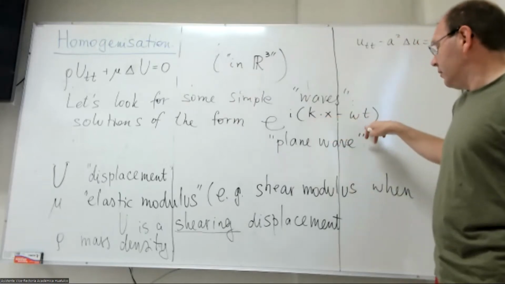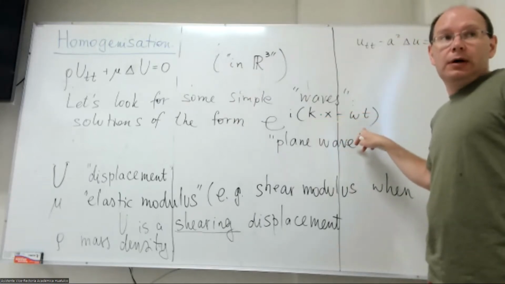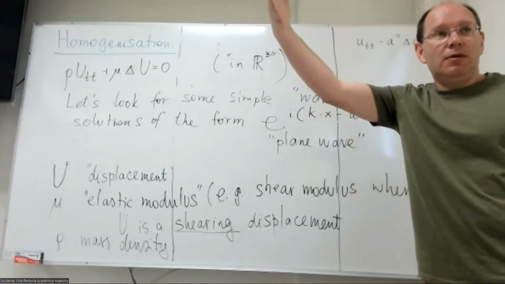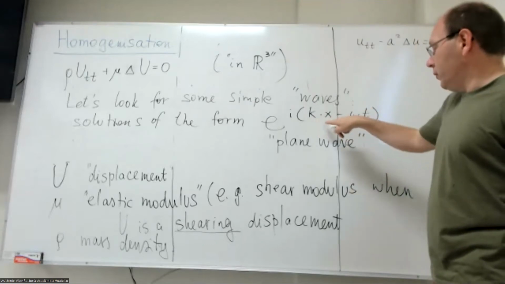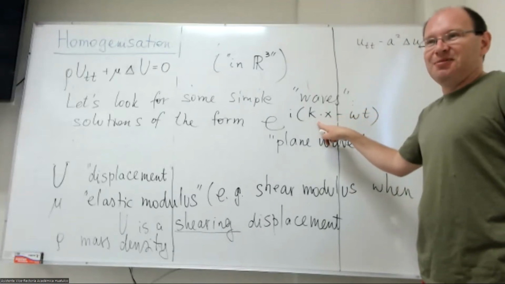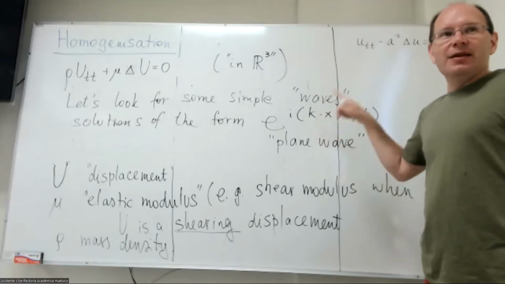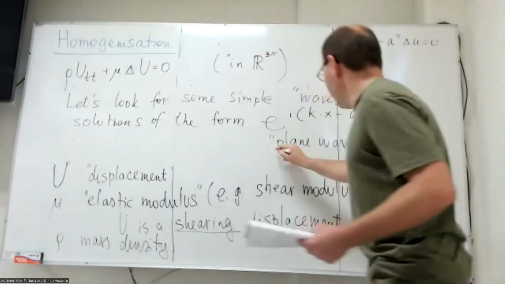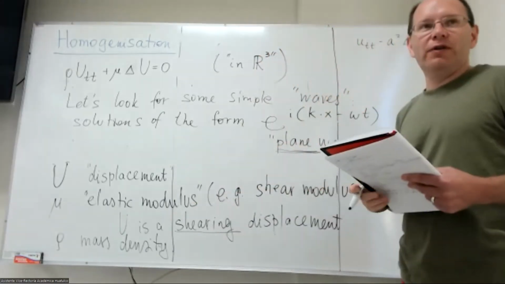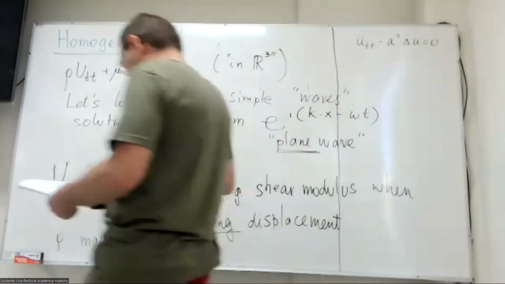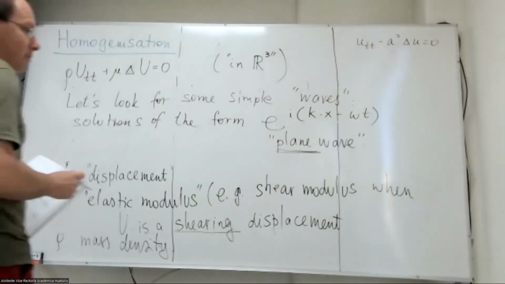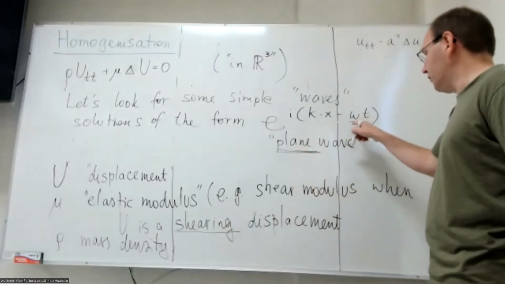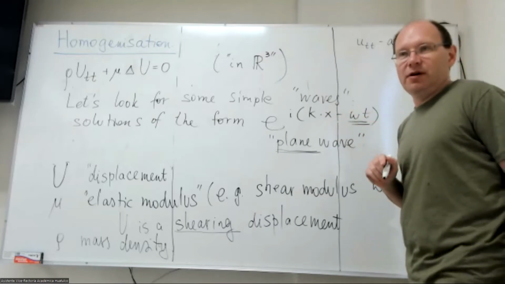In fact, all points with the same value of this phase will be on a plane, and this plane will be advancing in some direction. We will see immediately that this direction is represented by this vector k, and that's why this vector is referred to as the wave vector. That's where this terminology comes from, and that's why I want to call this a plane wave. Sometimes it's referred to as the plane time harmonic wave as well, because it's sine and cosine in time as well.